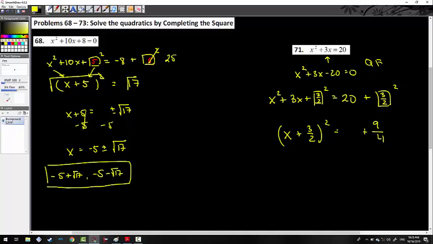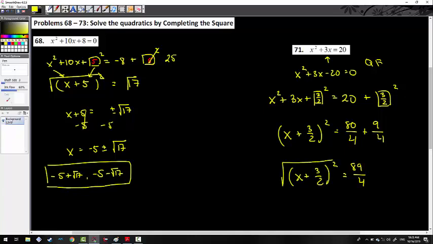Now, I'm going to go ahead and call 20 80 over 4. Now, I did that because it allows me to find a common denominator so I can successfully add these two fractions together. So what do I get on the right side? I get 89 over 4 is equal to x plus 3 halves all squared.